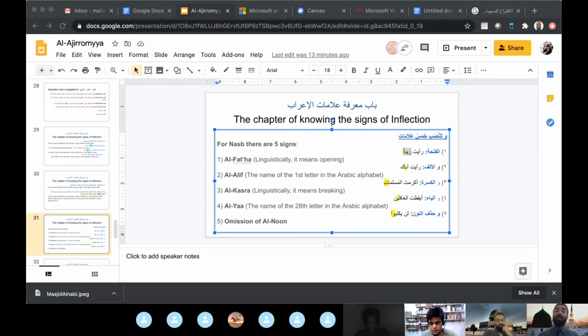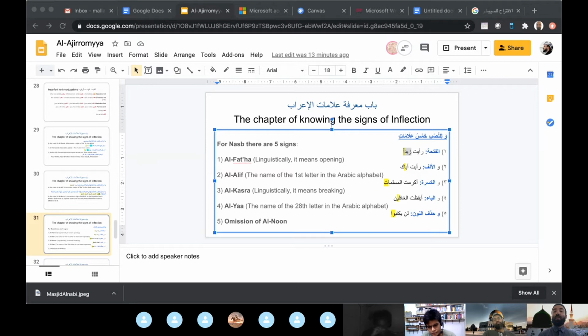And if you want to derive the object noun, you add a meem to the beginning and a waw between the last letter and the second to last letter. So what did we do to al-Zulm? We added an alif to make it zalim, and we added a meem and a waw to make it mazlum, right? So from Zulm we got zalim, and from Zulm we got mazlum.